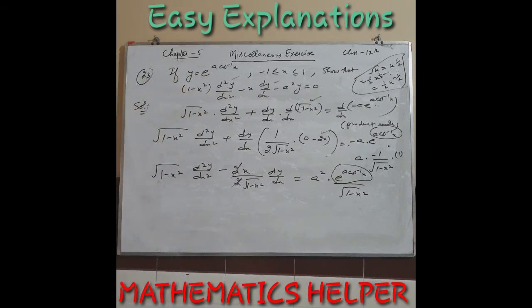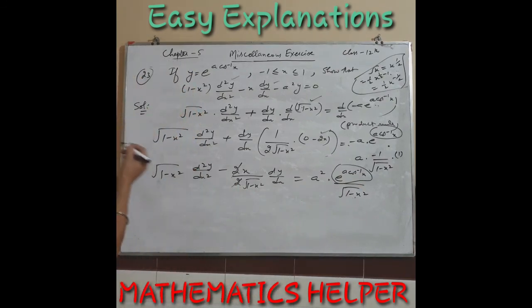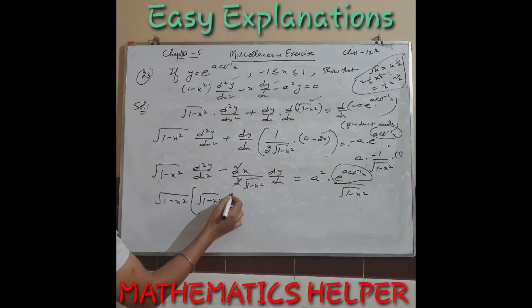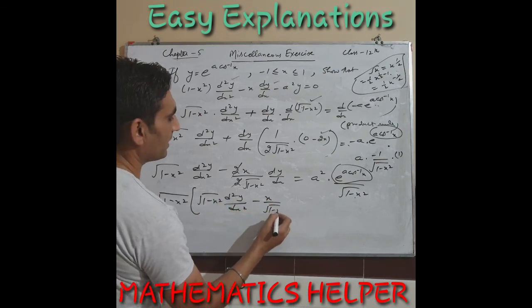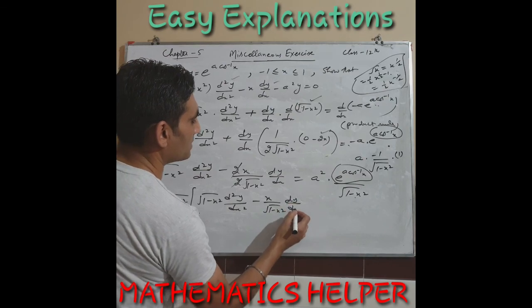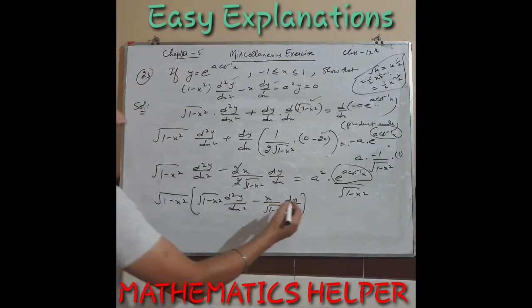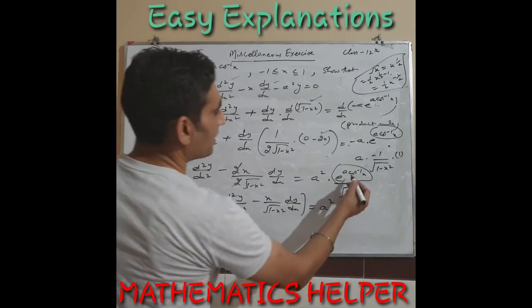See what is this? This is y only, and this I am going to shift to the left side, so it will get multiplied with the whole left side. Left side is d square y over dx square minus x over 1 minus x square dy over dx. I am multiplying this denominator with the whole left side, and in the right side you have a square, and what about this?